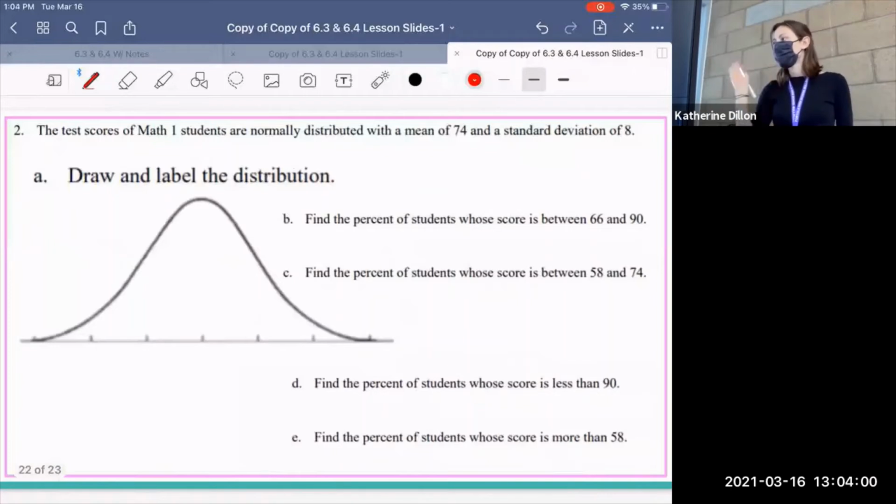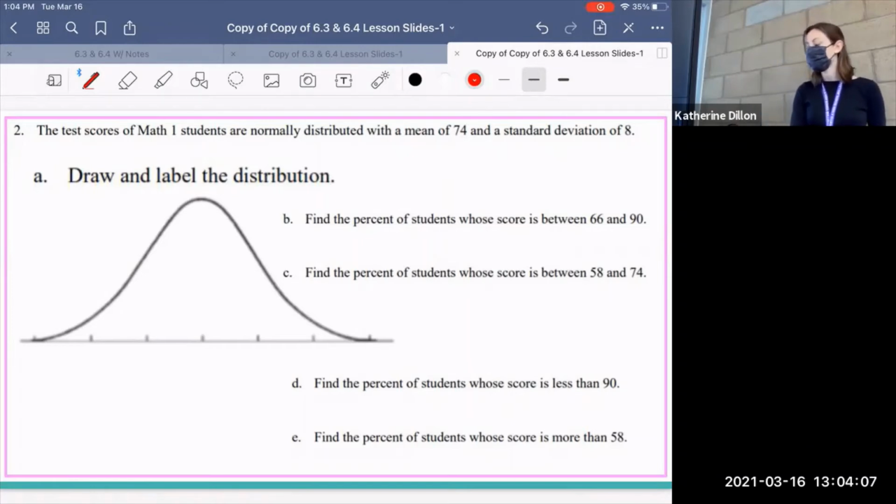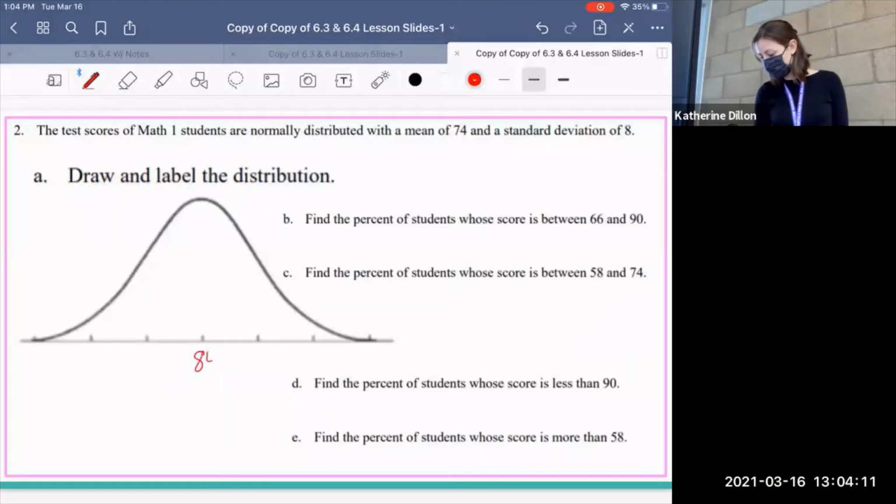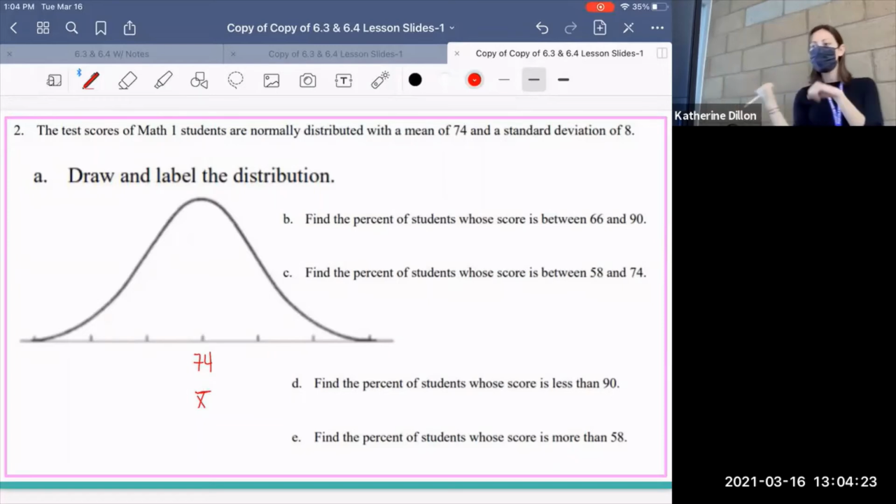The scores of Math 1 students are normally distributed with a mean of 74 and a standard deviation of 8. Okay, we said that the mean was in the middle on a normal curve. So 74, our mean, will go in the middle. To go up or down a tick mark, I'm going to add, if I'm going up, or subtract if I'm going down, the standard deviation each time.